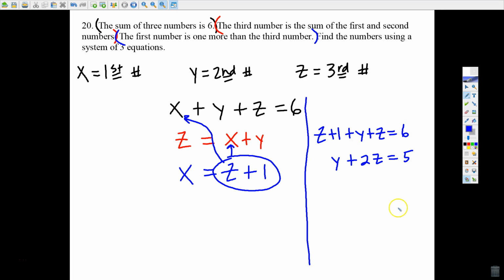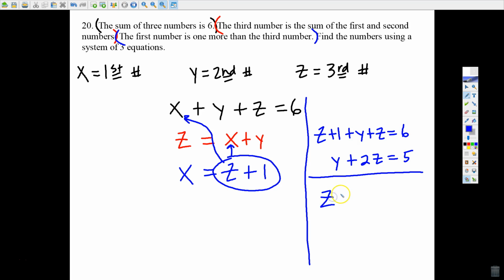So let me just pause for a second and make sure everybody understands where we are. Okay, so I've substituted into the top equation. Now I'm going to substitute into the middle. So now, in this middle equation, I'm going to let x become z plus 1.